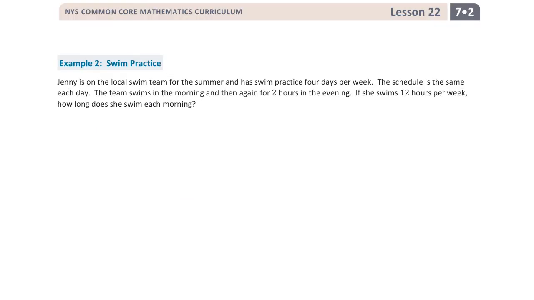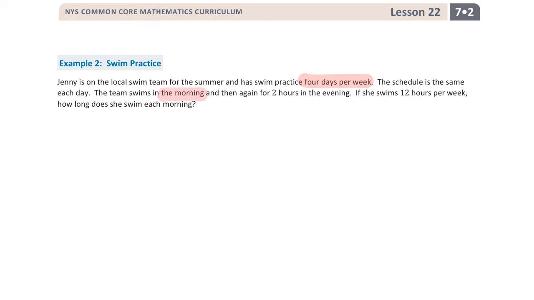Jenny is on the local swim team for the summer and has swim practice 4 days per week. The schedule is the same each day. The team swims in the morning and then again for 2 hours in the evening. If she swims 12 hours per week, how long does she swim each morning?